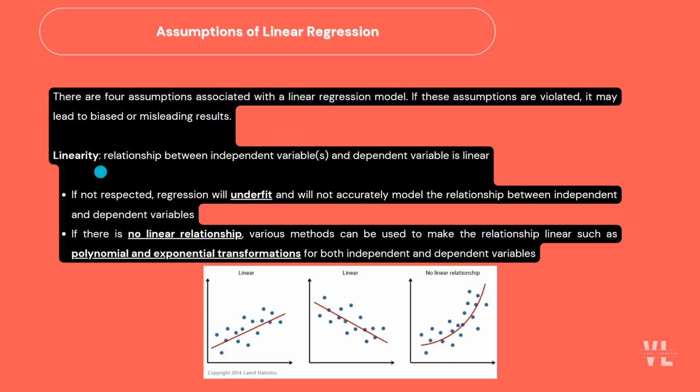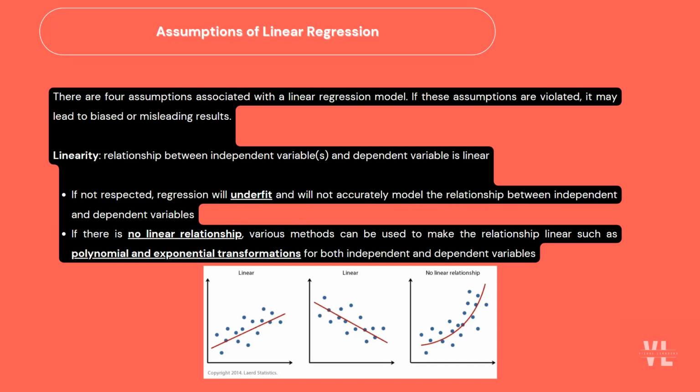The linearity concept just says that the relationship between the independent variables and the dependent variable has to be linear. If not respected, regression will underfit and will not accurately model the relationship between the independent and dependent variables.